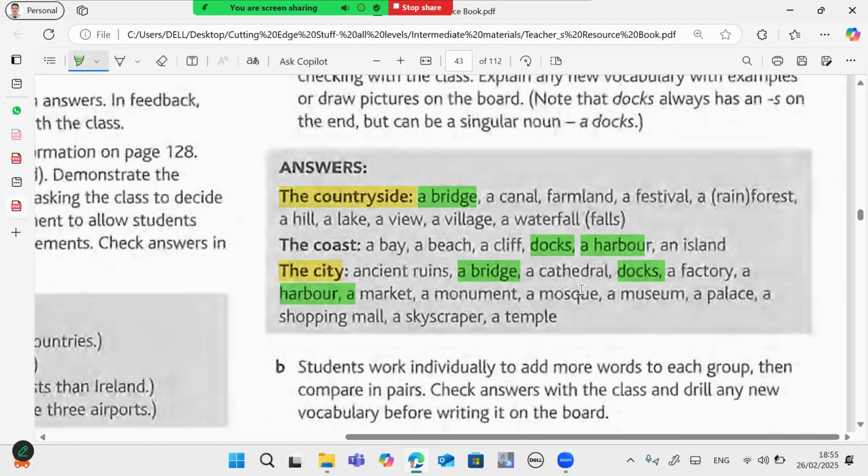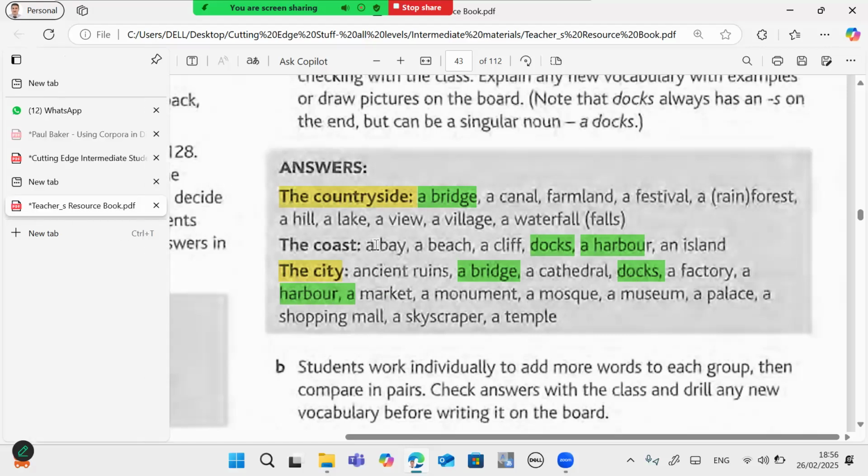Yes, زي مرفأ, where you go you can find docks there. Okay. But harbor, this is a huge one. You can find ships or huge boats. ميناء كبير for fishing or for transporting goods.